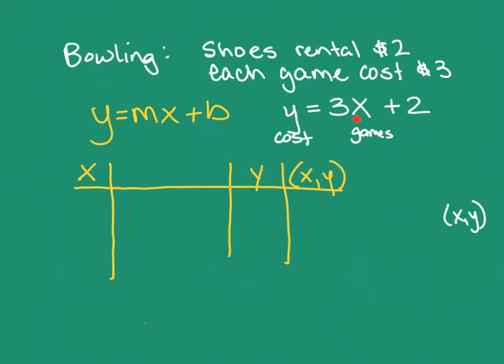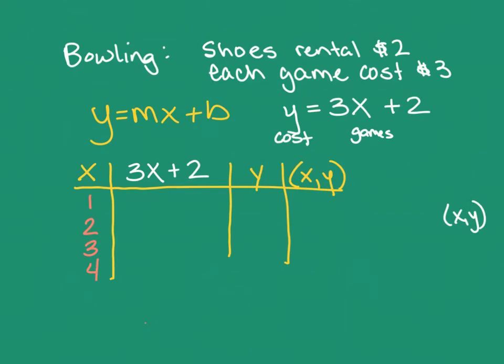I take this part of the equation, 3x plus 2, and I put it here. That is 3 times whatever x is, plus 2. All right. So I just need to come up with how many games we're talking about. So we're going to say, what if x equals 1? What if x equals 2? What if the amount of games I bowled was 3? And what if the amount of games I bowled is 4? How much money would it be?